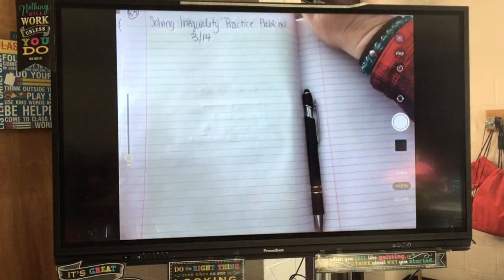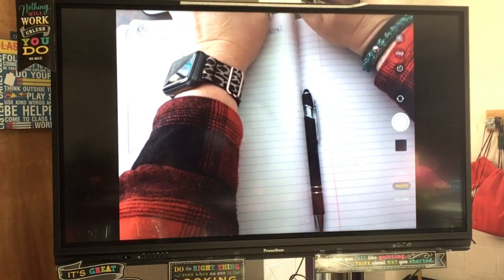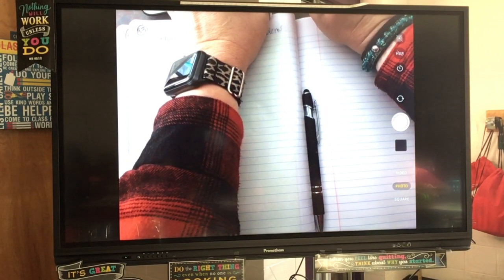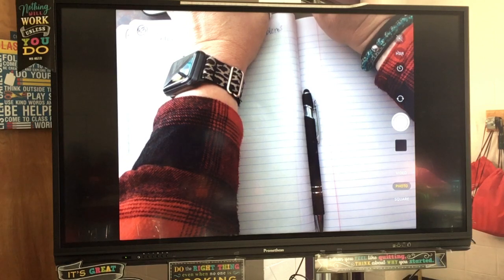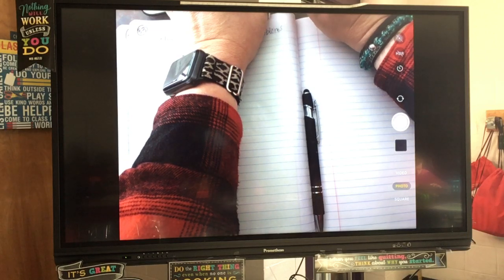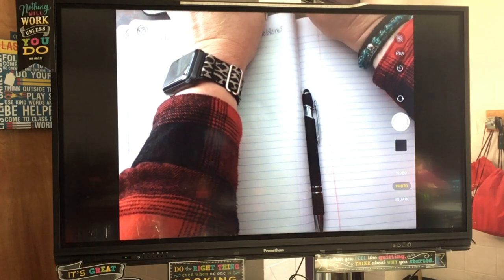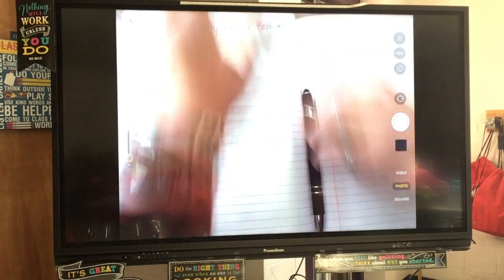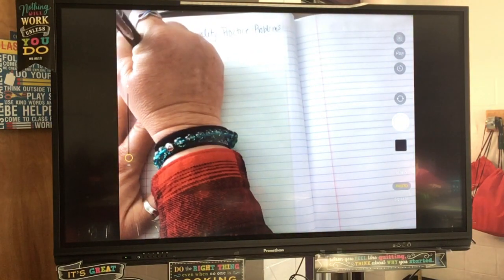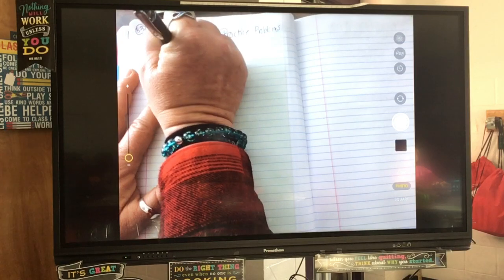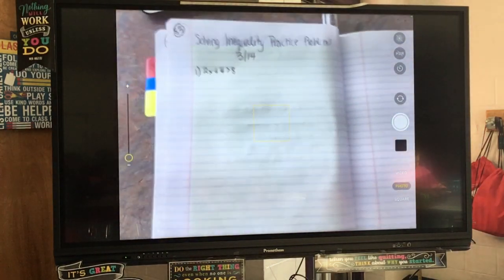All right, so if you're looking at that first problem, you have 2x plus 4 is greater than 8.